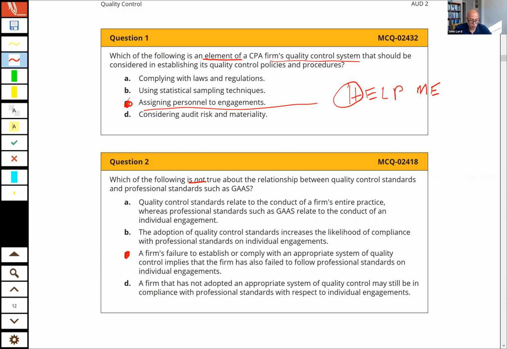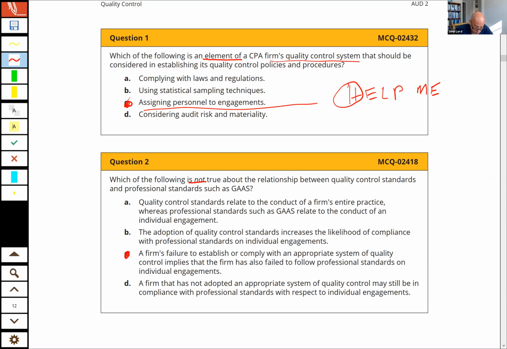And if you blow past that not, you don't notice it, then the first statement you read will be true and you'll think that that's the right answer. So you always have to read through all the choices, regardless of whether you think, oh, A's got to be correct, so that you will read the first one.